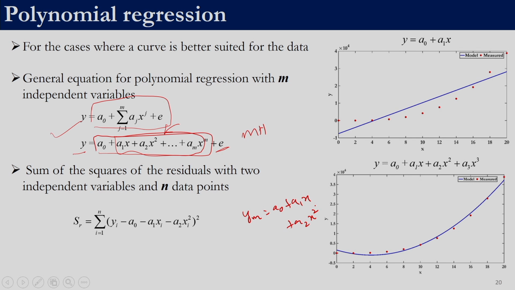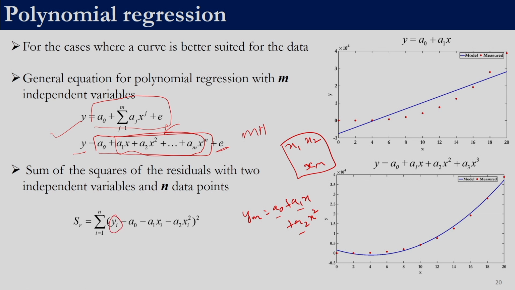Similar to multiple regression, wherein we started with just x1 and x2 and then extended to xm, we will do the same thing over here. We will start with just a0, a1 and a2 and then extend it all the way up to am. By now you should be familiar with this.